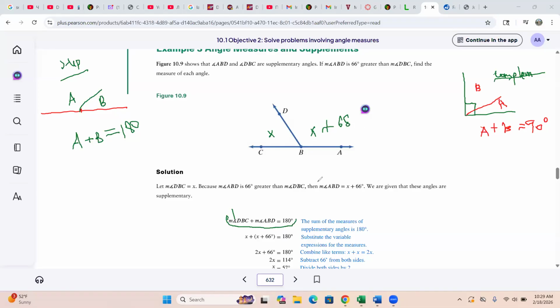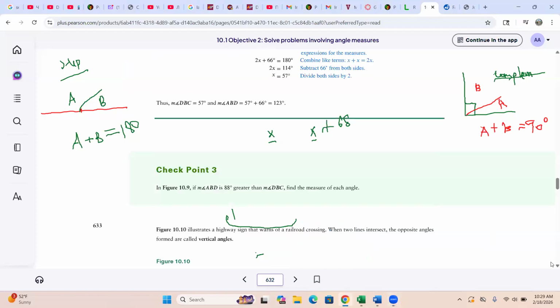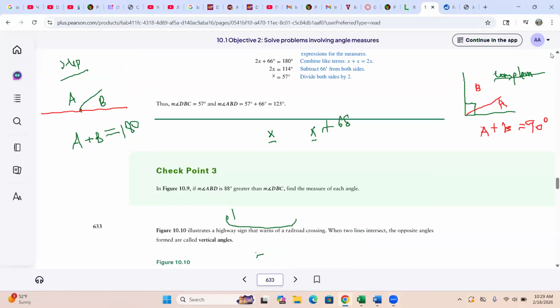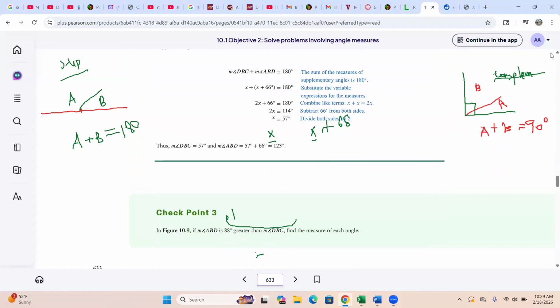I hope it's 66. So anyways, when you add those two, please notice you will add x with x, and that will give you 2x here, and then 66, and that's equal to 180. And then you'll be able to solve a little equation, and that will give us 2x is 114 and x is 57 because twice 57 is 114.